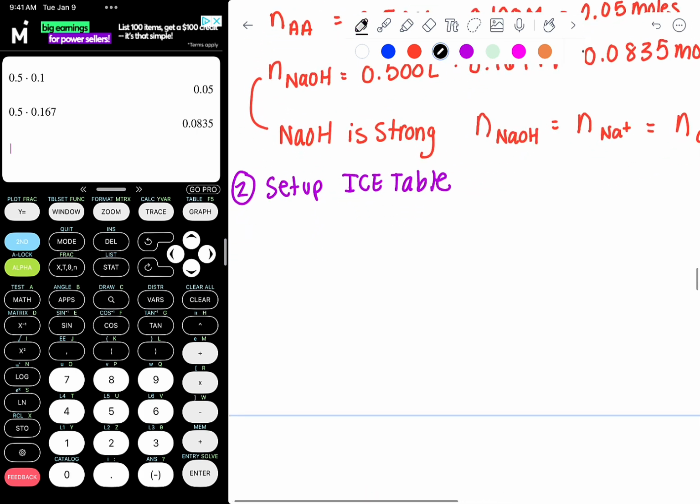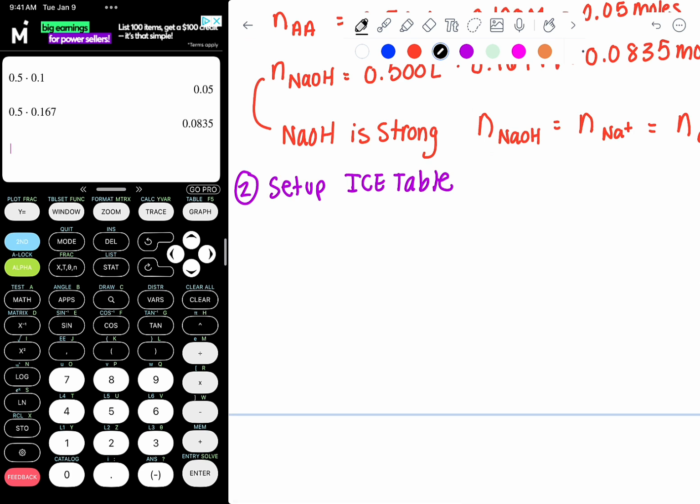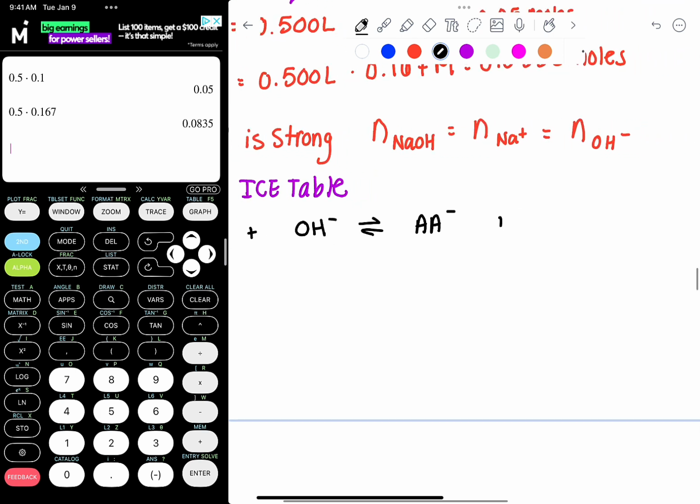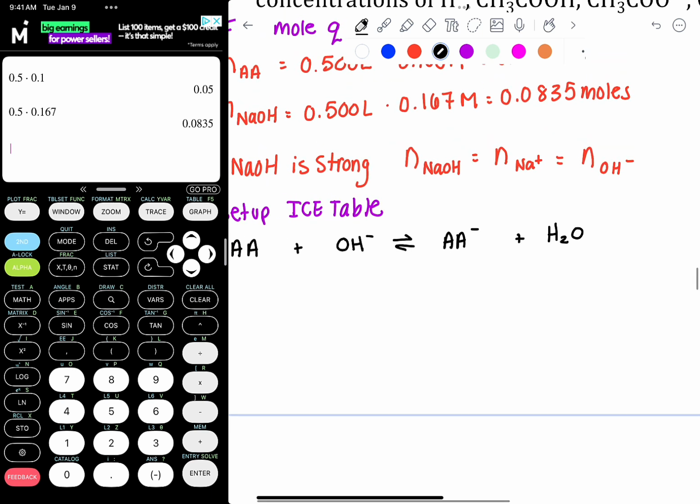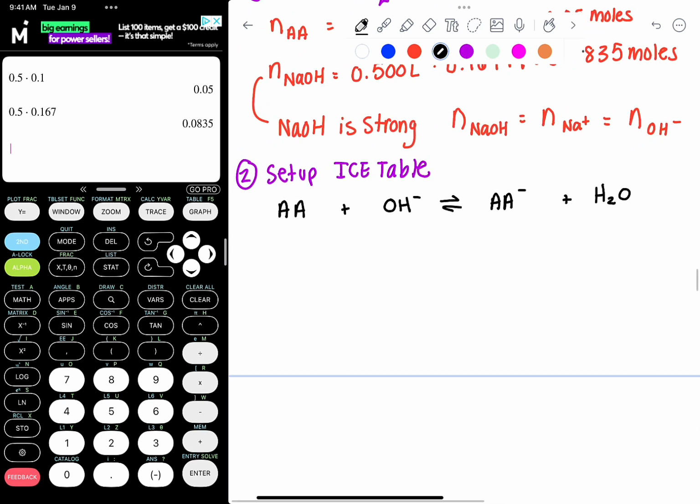So I'm going to start with my balanced chemical equation. I'm going to show acetic acid plus OH minus is in equilibrium with acetate, the acetic acid minus, to show that it lost a hydrogen, plus some H2O. And we're just going to ignore H2O in our ice table because it's a liquid and it is not going to contribute.